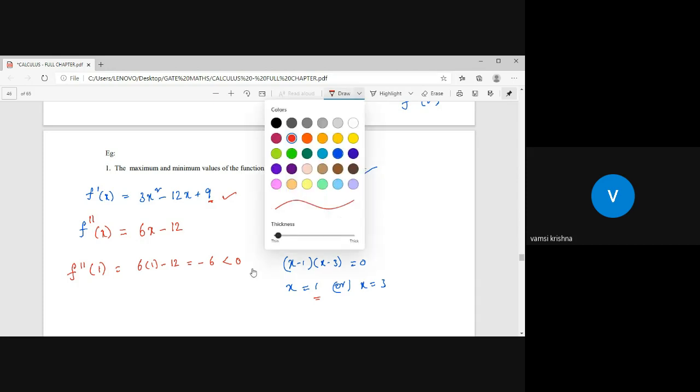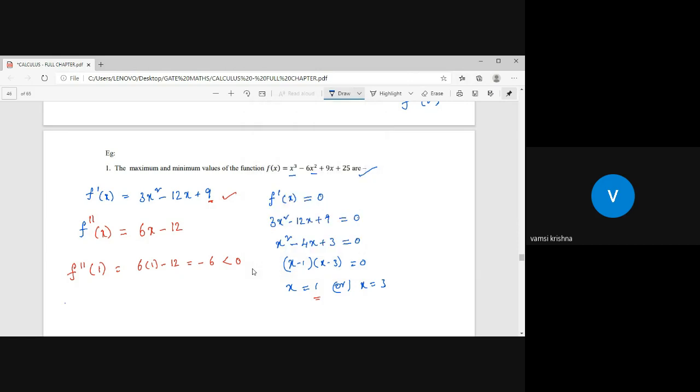If it is negative, then the given function f of x has maxima at the given point x equals 1. Yes, when we substituted 1 in place of x, we got that.